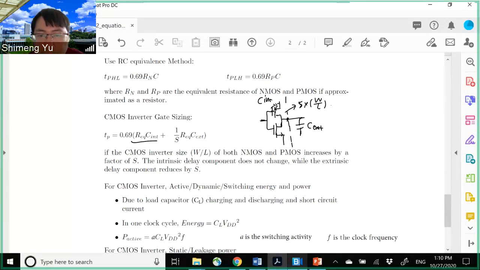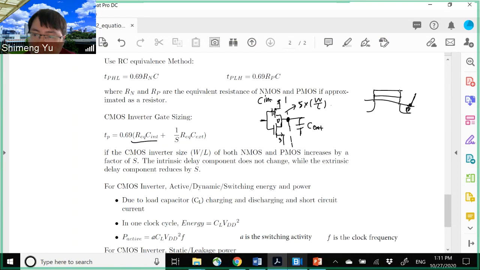For example, we are looking at the capacitance that attaches to this node. This is a drain for the NMOS, and also a drain for the PMOS. If you recall the transistor structure, we are looking at this drain, and what capacitance is attached to this drain point.